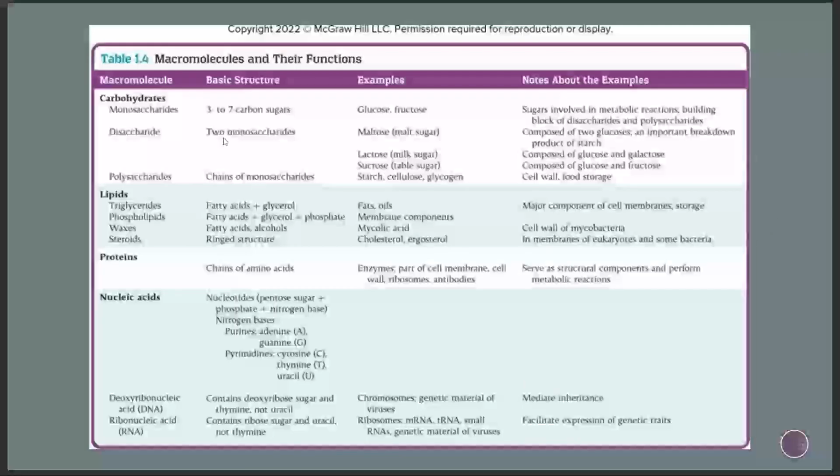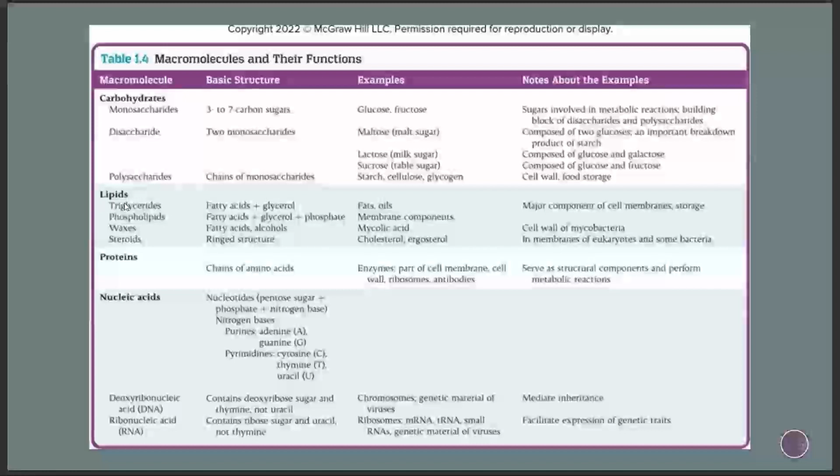So again, to reiterate here, we have carbohydrates, lipids, proteins, nucleic acids, the 4 main macromolecules you'd find in cells. Carbohydrates being sugars, whether they're monomers, dimers, polymers. We have our lipids.